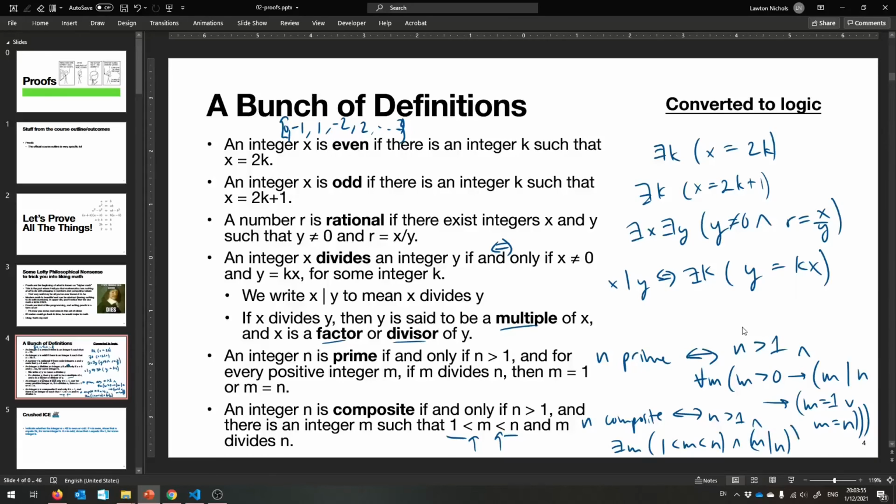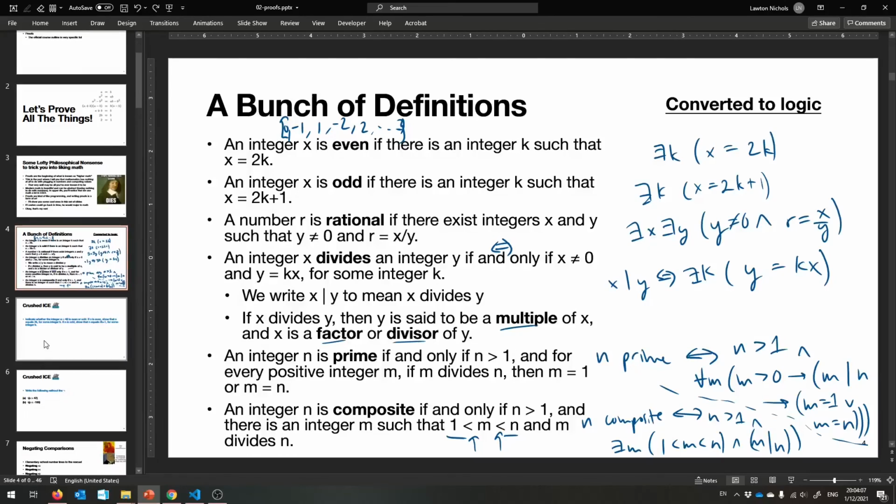Okay? That's what it means to be composite, and these are two separate things. So we can get logical if we need to. Now we know how, and that's the point. We break it out only when necessary.